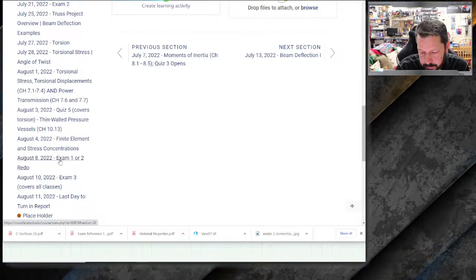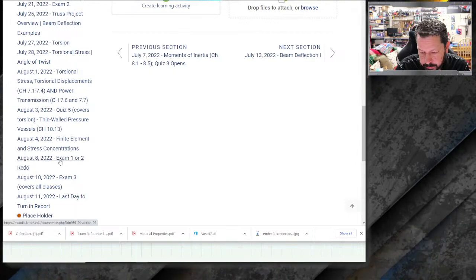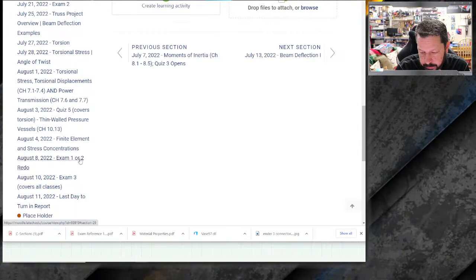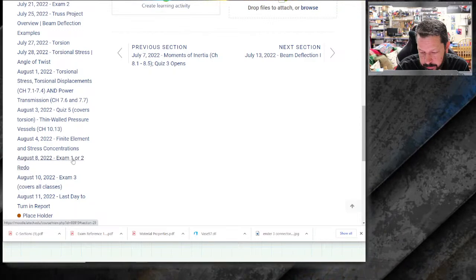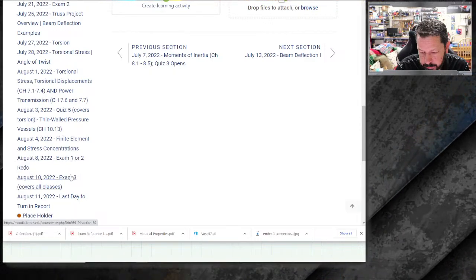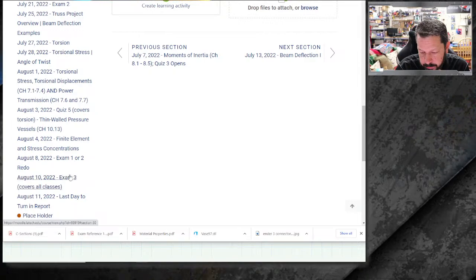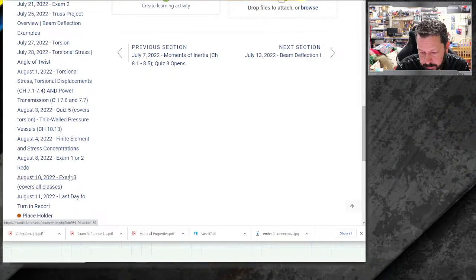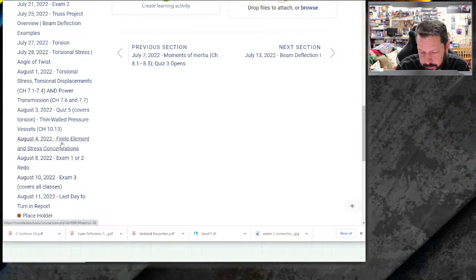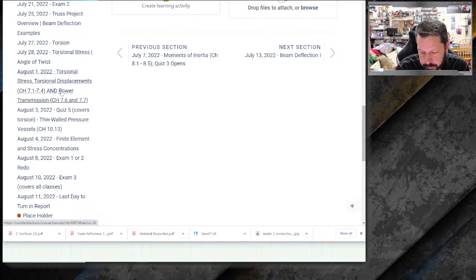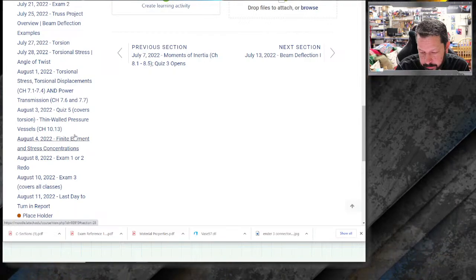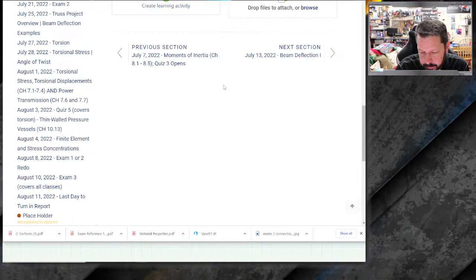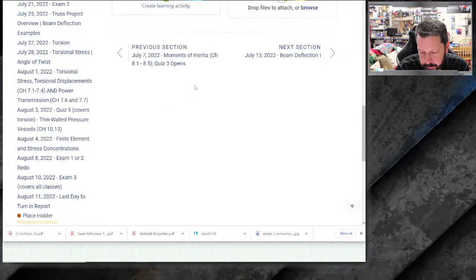It's not the exact same test, but it's the same content, and it replaces your grade. Then we'll do exam 3, which does cover everything going all the way back to the beginning, so it is a cumulative type final, but probably half of it is this new torsion and last little bits that we're going to cover at the very end. All right, I will see y'all Wednesday with some beam deflection.